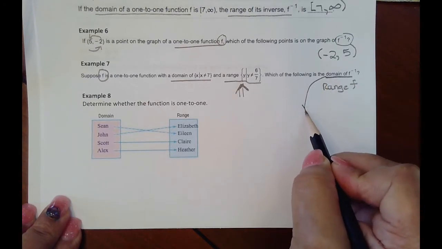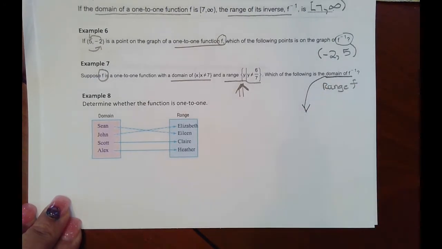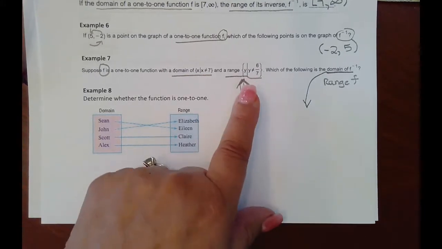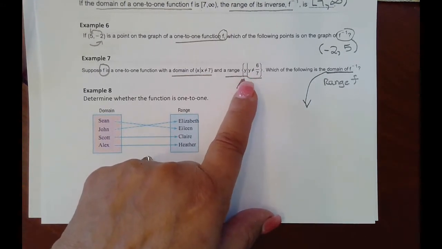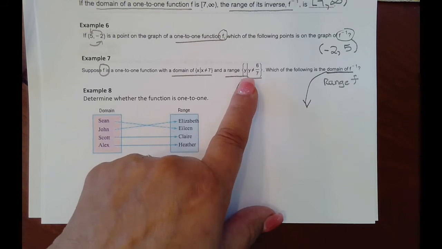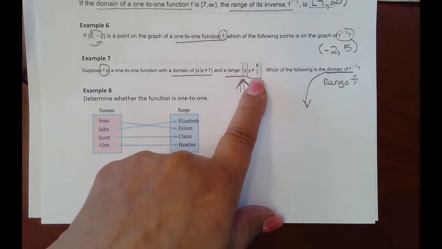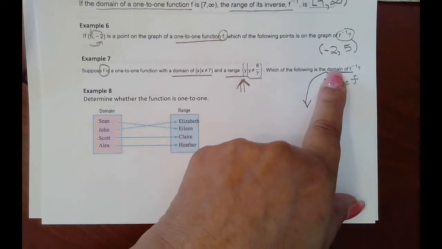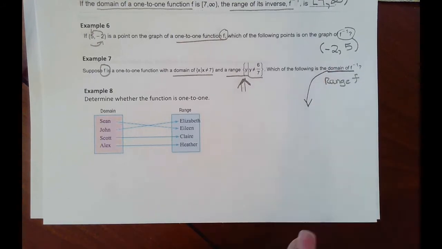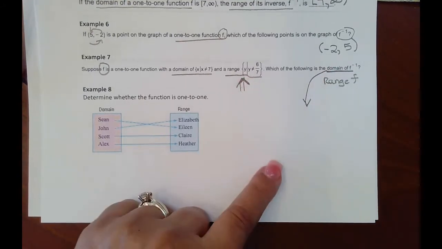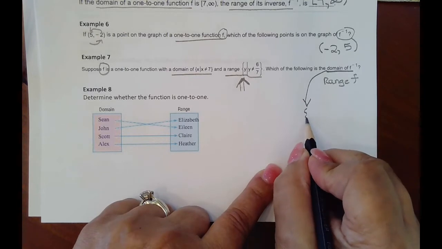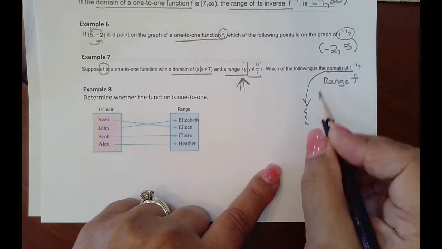So let's come down here and state what the domain is. Now remember, you have to be careful here. I know that this range is stated using y's, and we are going to use these restrictions and this number, but you are now talking about the domain. So you have to state this in terms of x's. Be careful with that because you're going to be tempted to just copy it.